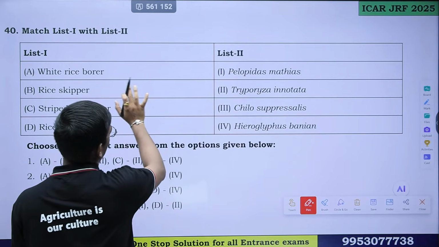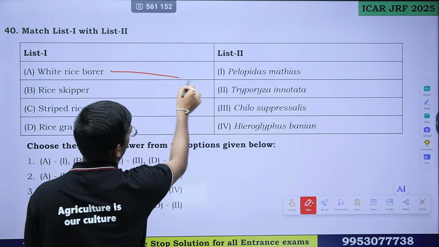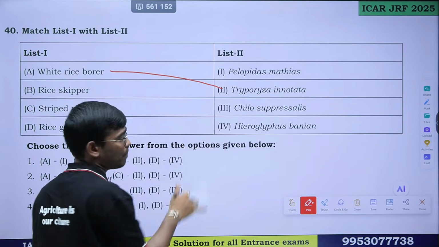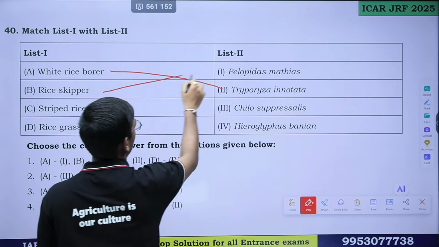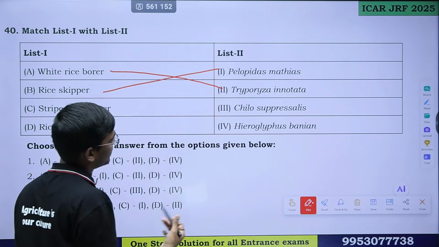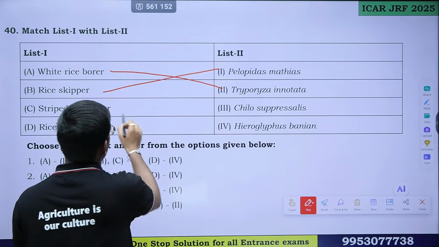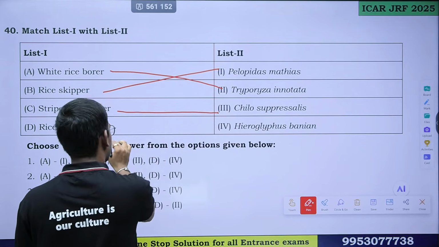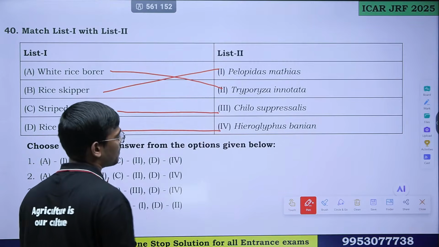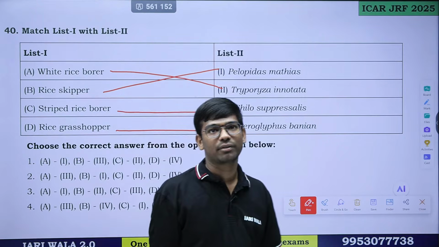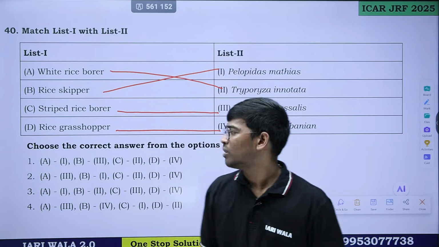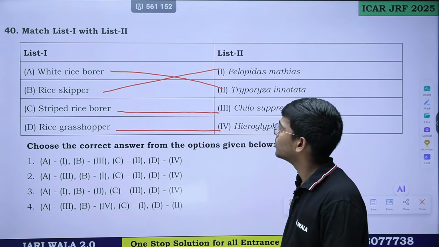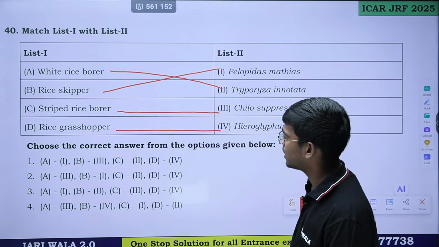The white rice borer is Scirpophaga innotata, we know. Rice skipper is Pelopidas mathias, we know. And striped rice borer is Chilo suppressalis and rice grasshopper is Hieroglyphus banian. And apart from this, we are having one more grasshopper, Oxya nitidula also.